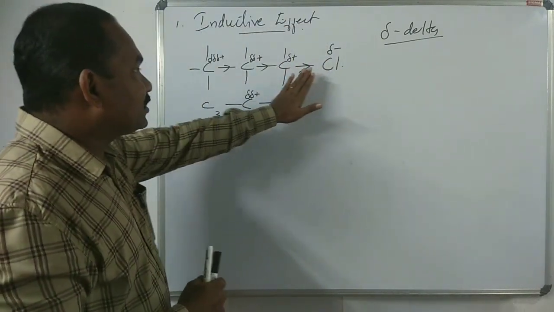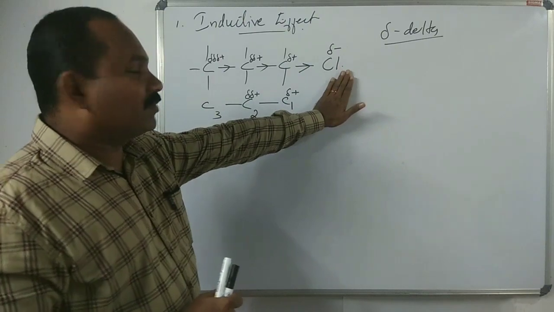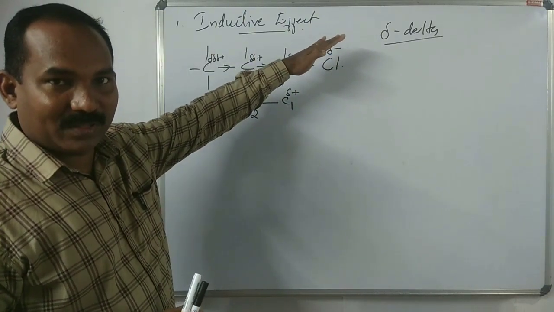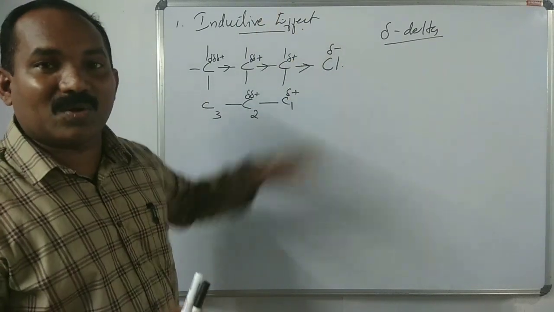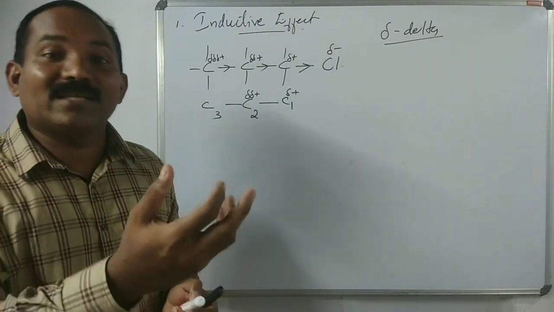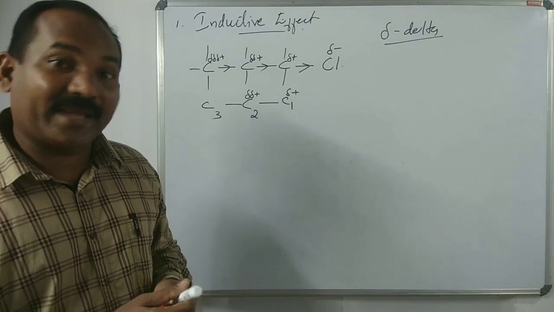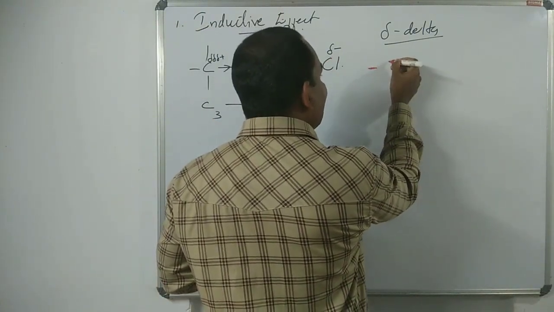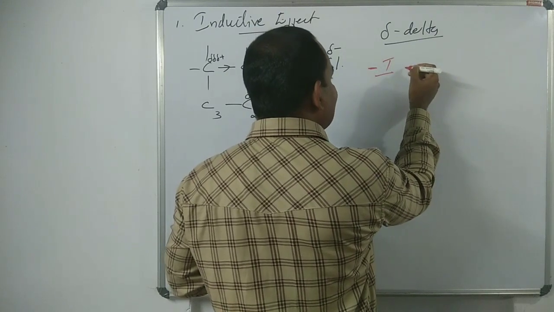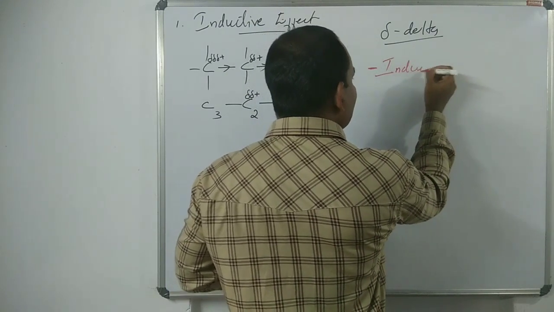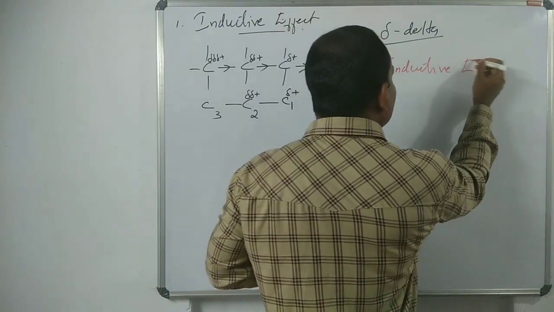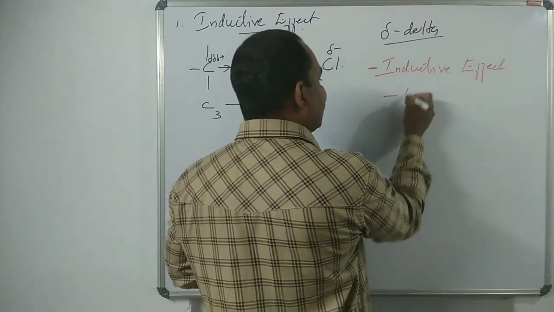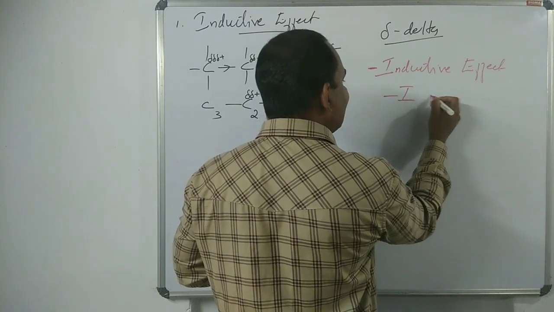And in this case, the electronegative atom is chlorine. The electron is shifted to the chlorine atom. And such groups are called minus inductive effect or negative inductive effect. So this effect is called negative inductive effect, and it is shortly written as minus I effect.